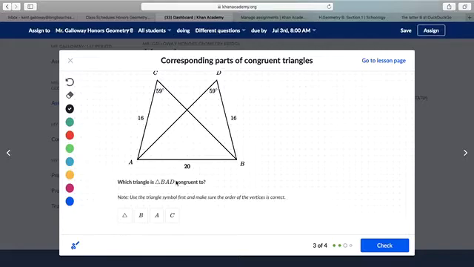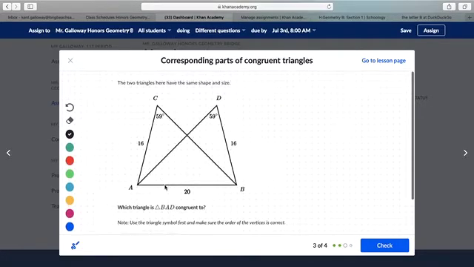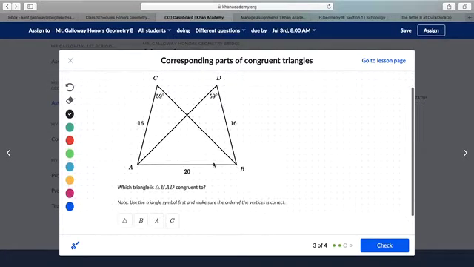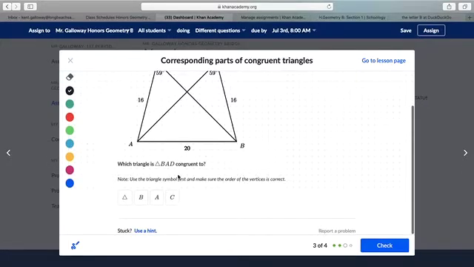I don't really know what else it matches, so let's match up the sides. We know A and B need to match up with A and B, the same letters. It's the reflexive property, so these do match up.